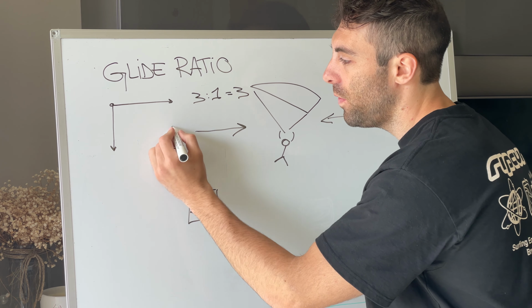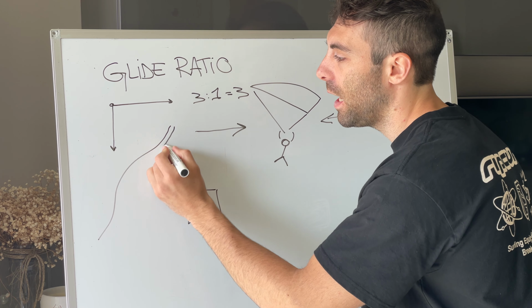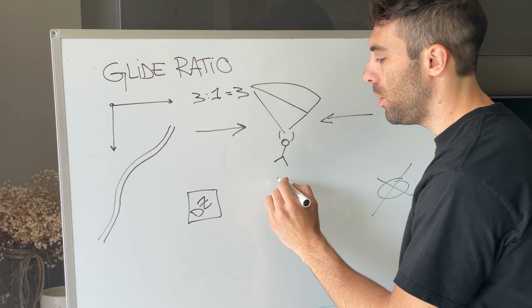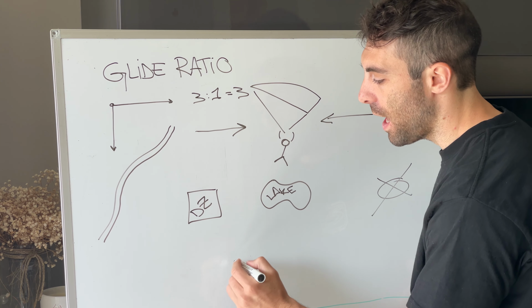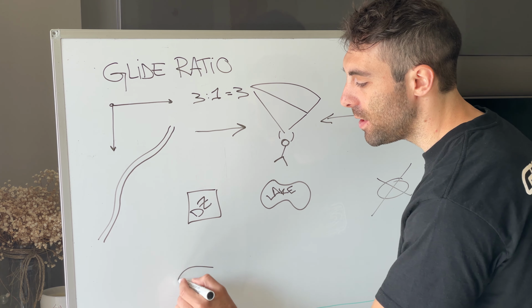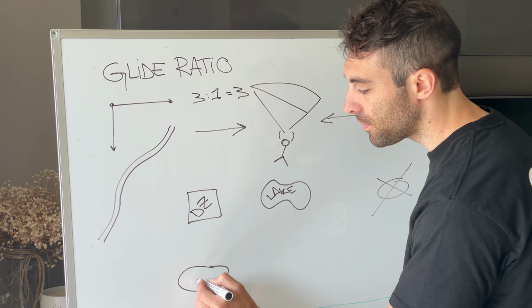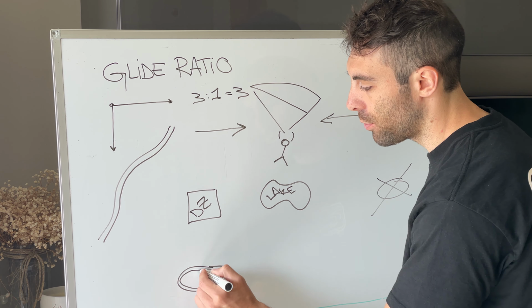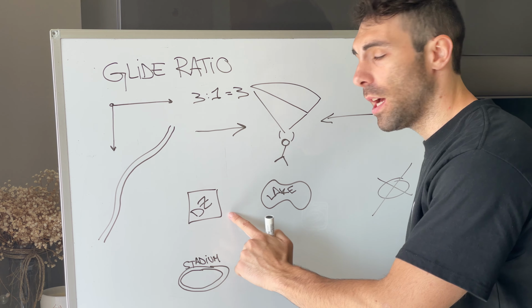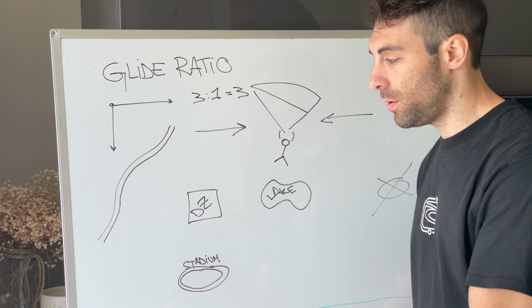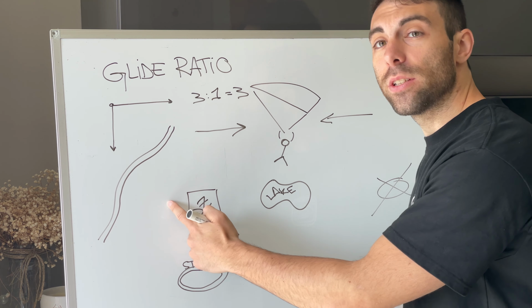For example, if you have a highway, a lake, and let's say a stadium with a track, the thing that you have to know at least once when you jump in a new drop zone is reference points.